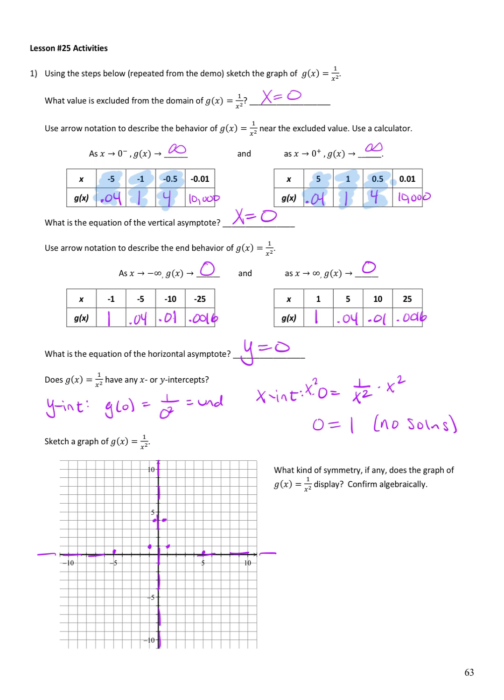And then I can try to connect these with a nice smooth curve, knowing that the y-axis and x-axis are asymptotes. So this is going to go up and approach the y-axis and come down like this and approach the x-axis. And then same thing on the left, like that. Okay, and what kind of symmetry does the graph display? It looks like it has y-axis symmetry.